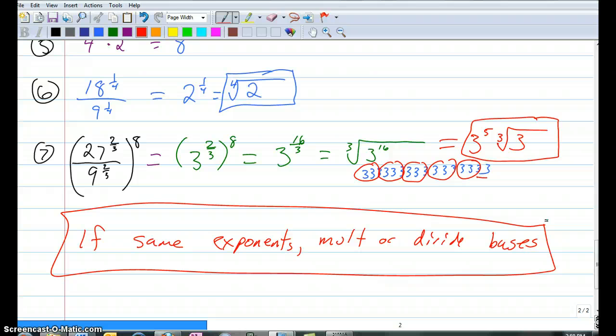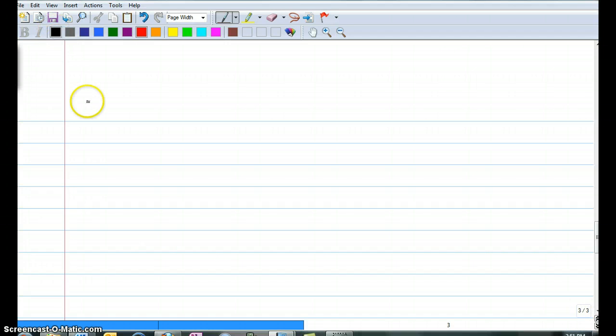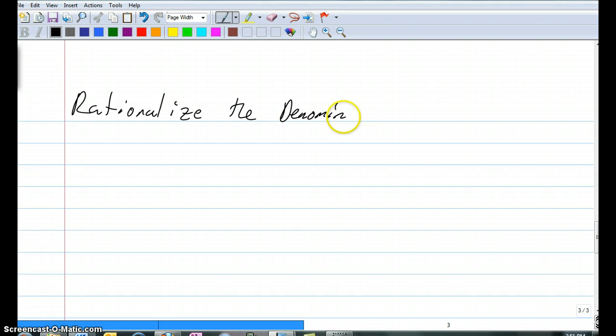All right, so that brings us to our last section here, and that's called rationalizing the denominator. Rationalize the denominator. Let's go old school. 6 divided by the square root of 3.